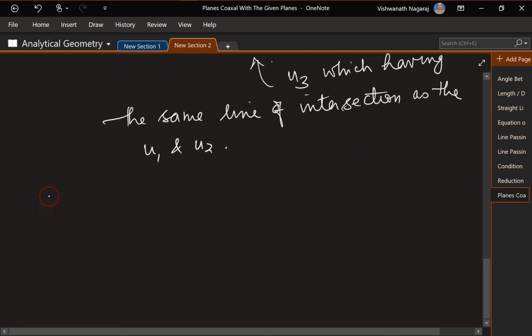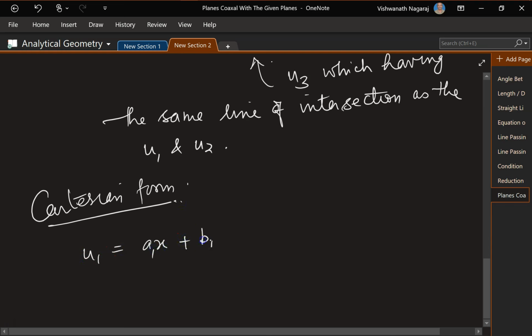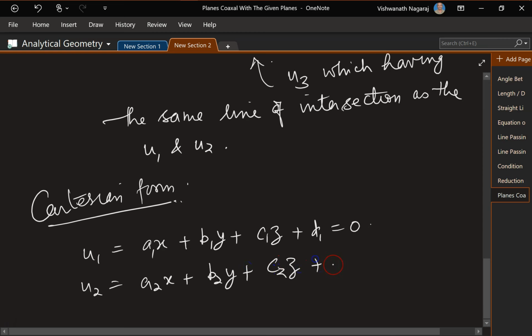Now, if we have to look at the same thing in Cartesian form, what we looked at was the vector form. So u1 equal to a1x plus b1y plus c1z plus d1 equal to 0. u2 is a2x plus b2y plus c2z plus d2 equal to 0.